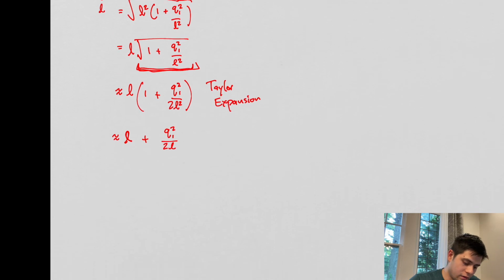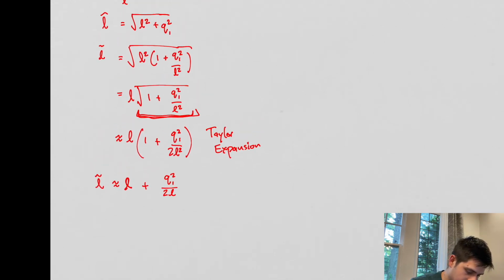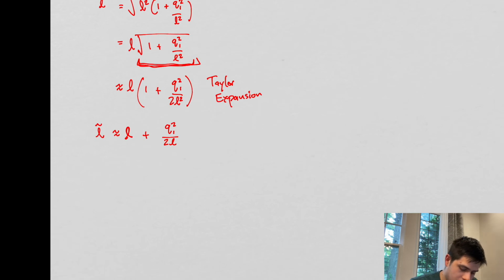So this is L squiggly. That means that this here must be delta L. The reason that must be delta L is because we have a deviation from L to give us L squiggly.